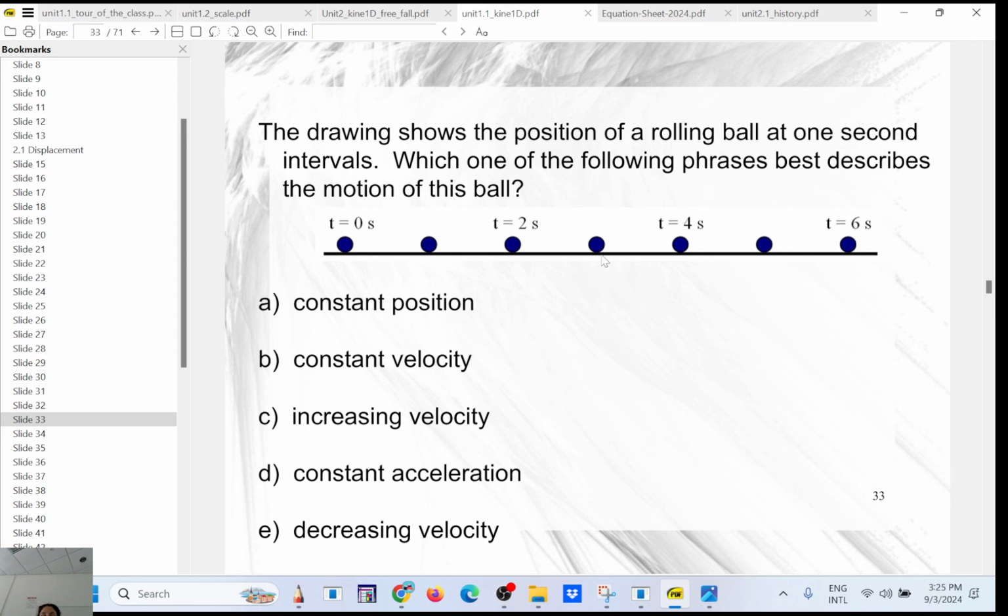No. So it doesn't decrease or increase, so it has to be V. Right? The velocity is constant. Why? Because the speed is constant and the direction is constant. Velocity is a speed with a direction.